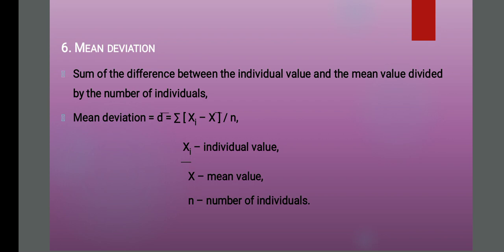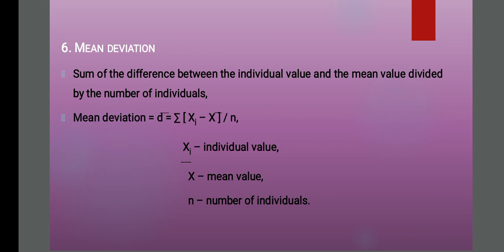So I'll repeat. What I mean by mean deviation is the sum of the difference between the individual value and the mean value divided by the number of individuals, we call it mean deviation. So நம்ம deviationலேருந்து என்ன பண்ணுறோம், number of individuals வச்சு நம்ம divide பண்ணோம்னா we get what is called as mean deviation. I'll repeat the definition once again.